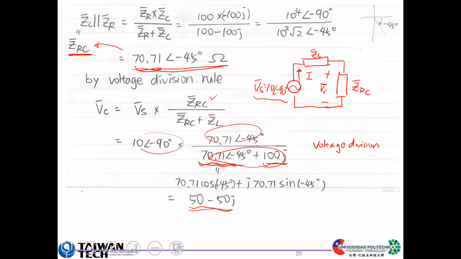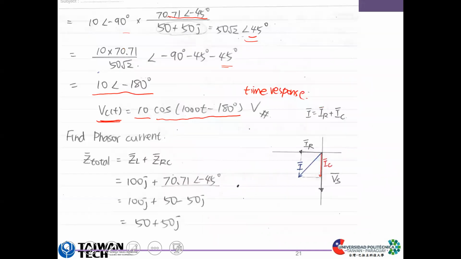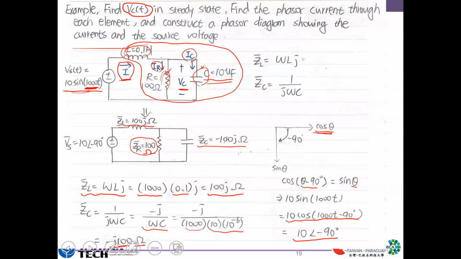So we have this, the phasor current. First we calculate the total impedance. We call it Z total.